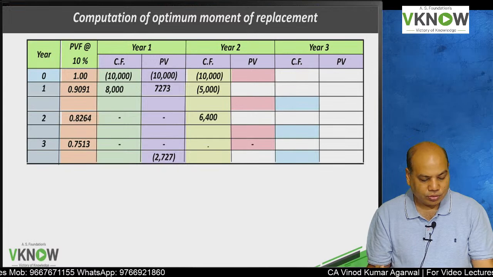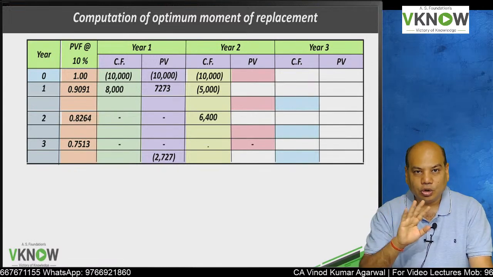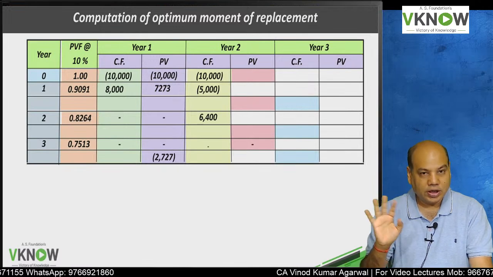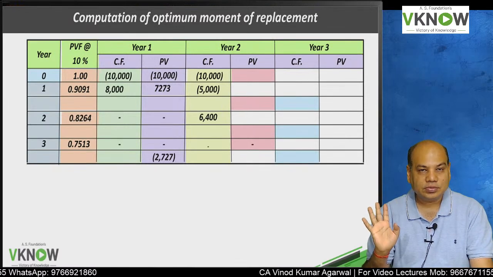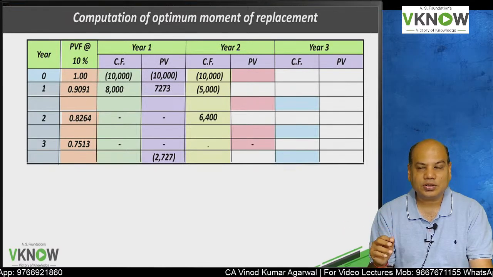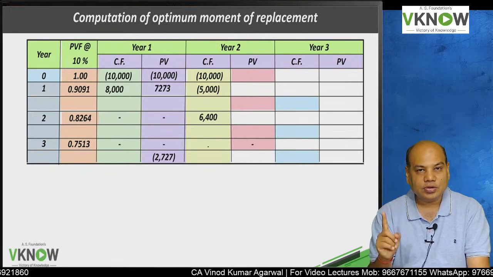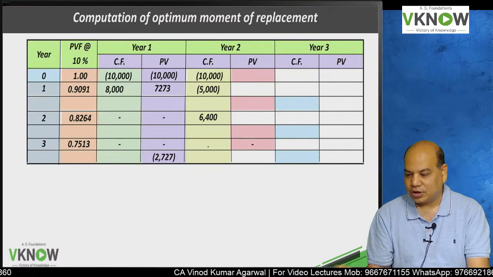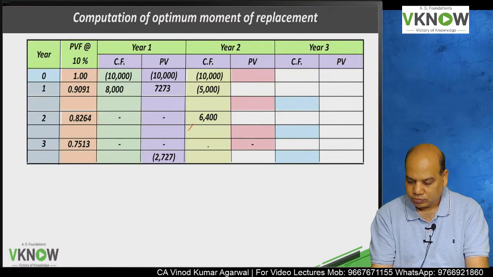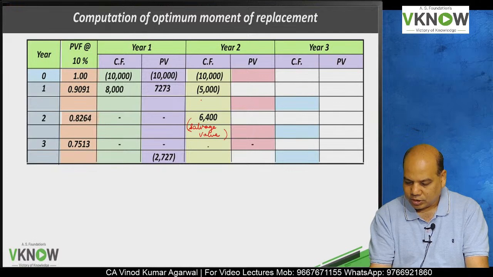And then in year 2, since I don't want to retain it, I will not incur repair cost. 8,000 I will not incur because I will sell it. If I have to sell it, why to pay repair cost? And I will get the salvage value. In year 2, I will get the salvage value. This is salvage value. And this is repair cost.